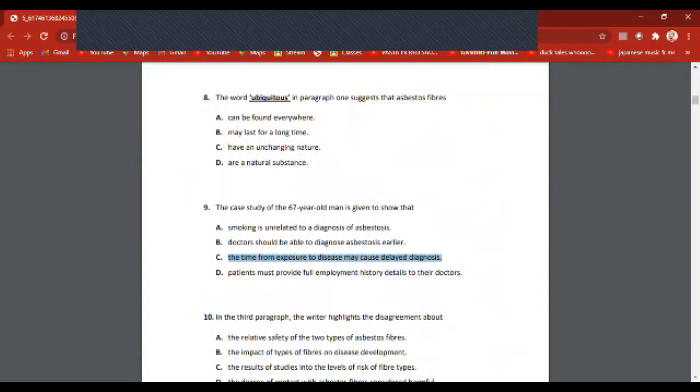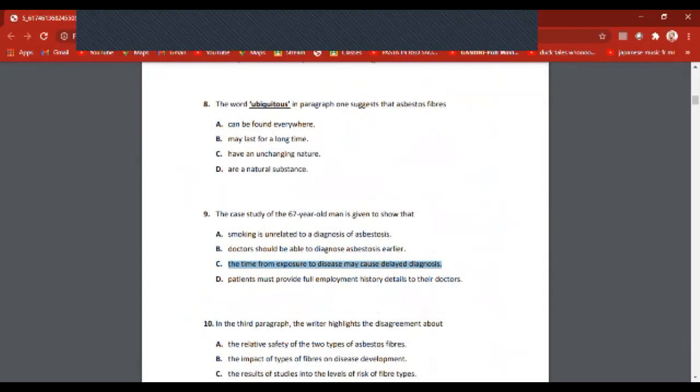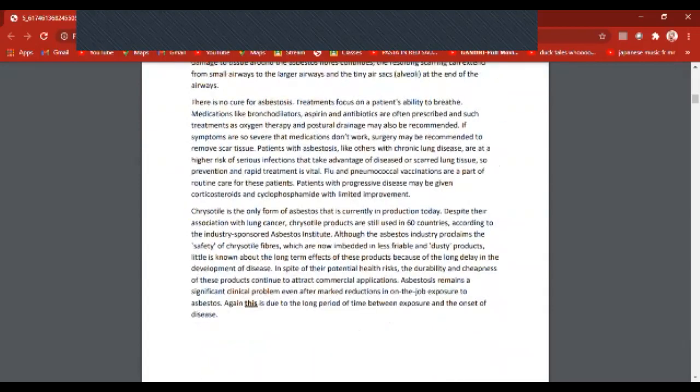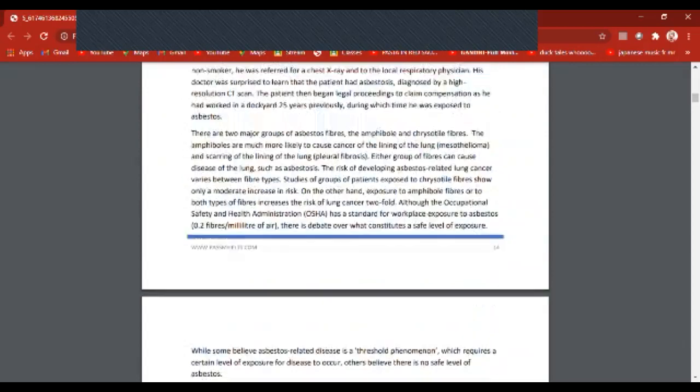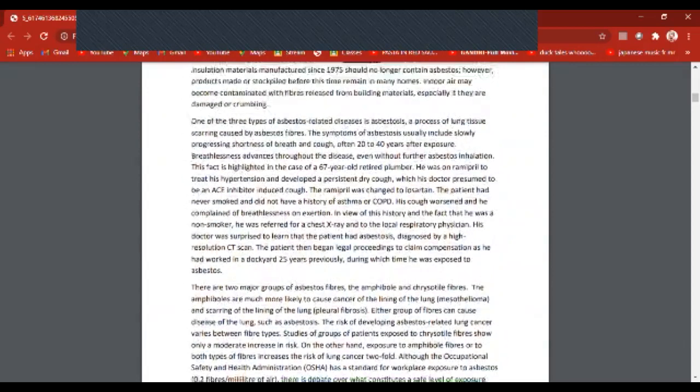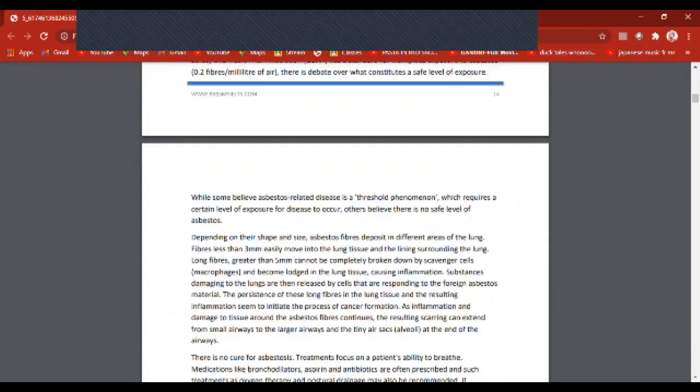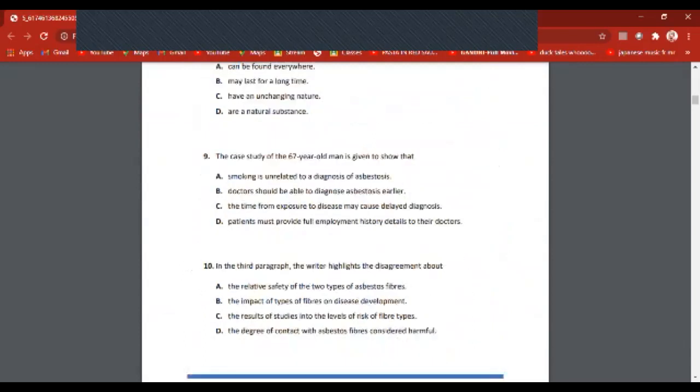Time from exposure means 25 years ago, and then 20 to 40 years after exposure. Don't you think it is related to this: time from exposure to disease may cause delayed diagnosis? Yes.